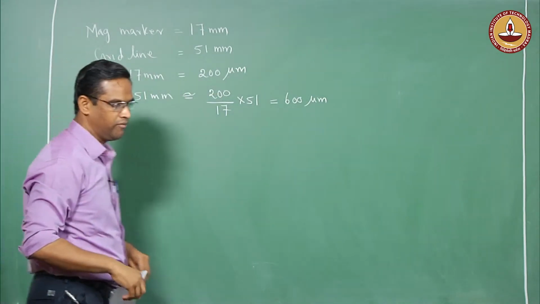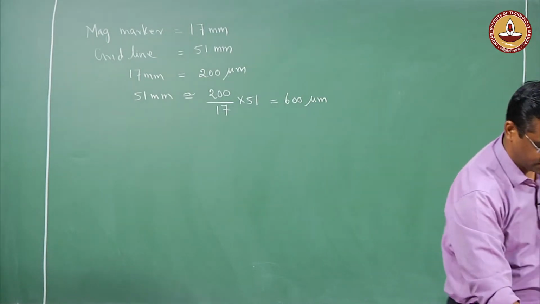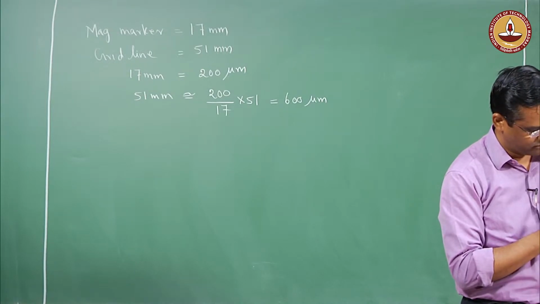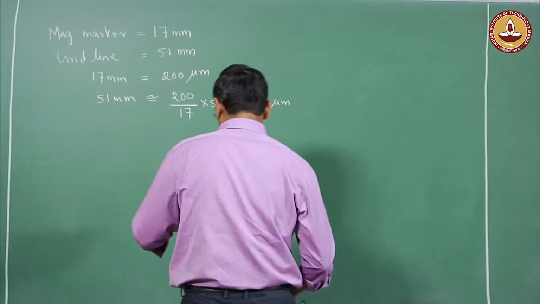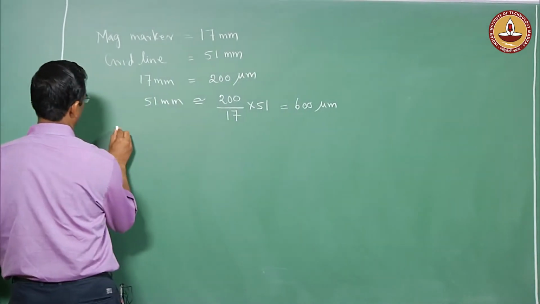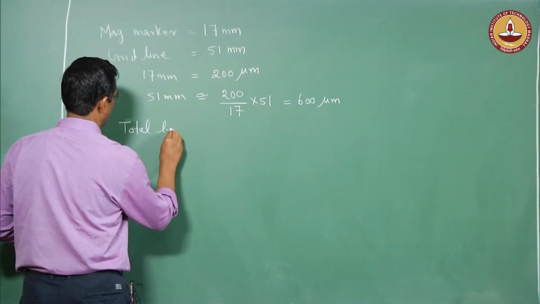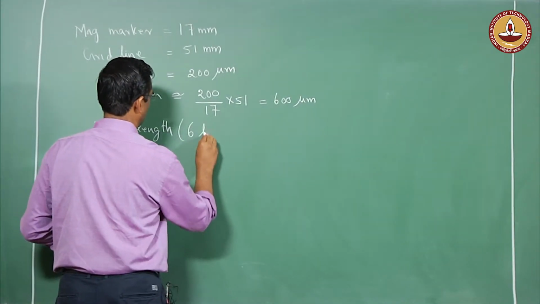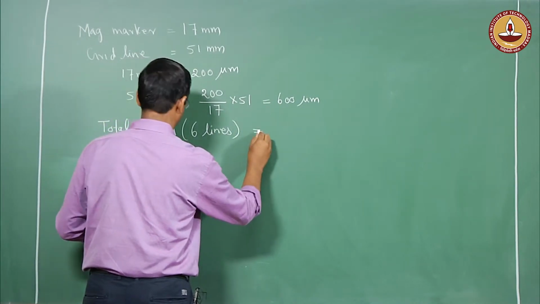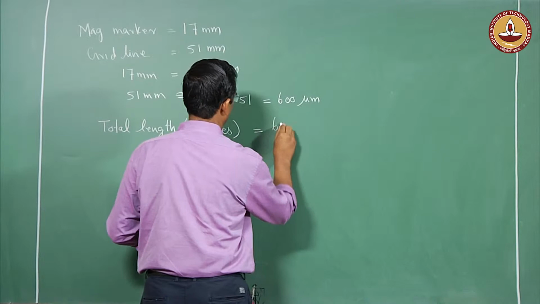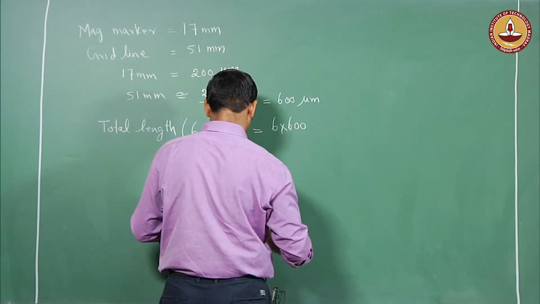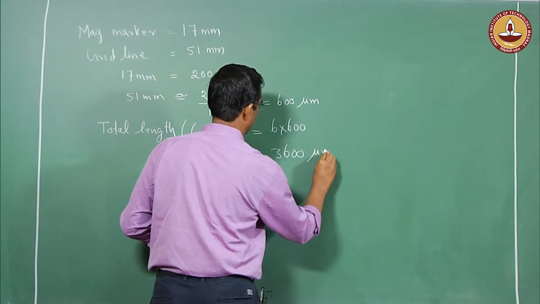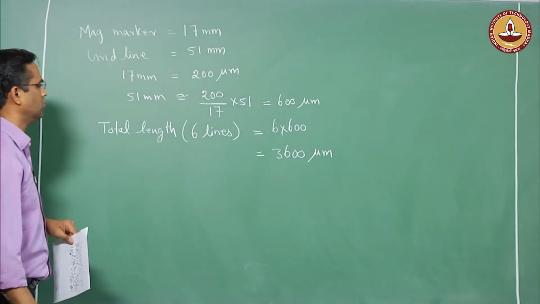In the grids, we have about 6 lines which we have used. If you count, 1, 2, 3, 4, 5, 6. So, the total length of six lines is 6 into 600, so the total length is 3600 micrometer.